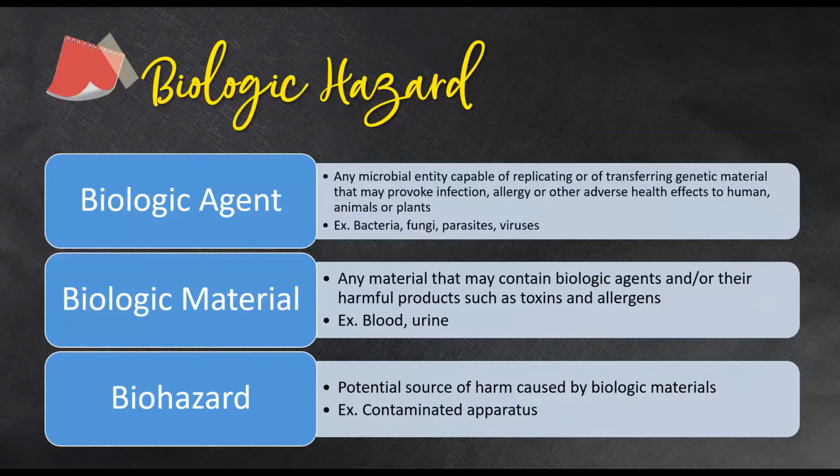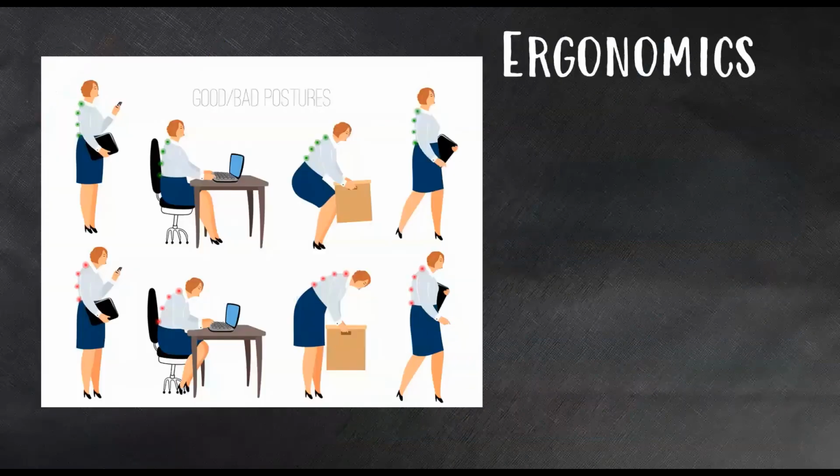Pwede kang sumagot ng in terms of biologic agent. You can say SARS-CoV-2. Or pwede din you can answer blood containing SARS-CoV-2. Or pwede din masks contaminated with cough droplets from a patient with SARS-CoV-2. So, ganon, class. Okay?